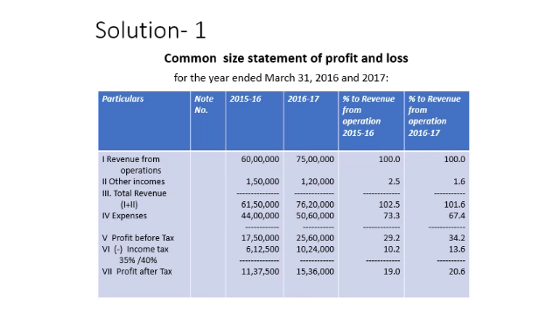In the same manner, the current year's figures will be calculated. Here the common is 75 lakh. So 75 lakh will be taken with every figure of the current year, divided by 75 lakh and multiplied by 100, then the results will be derived.